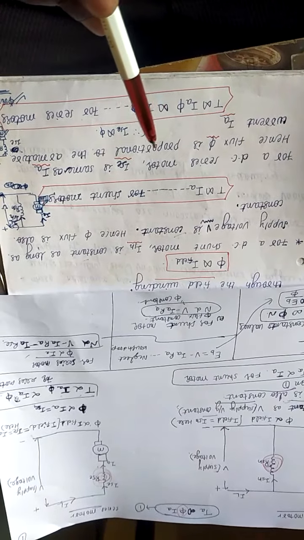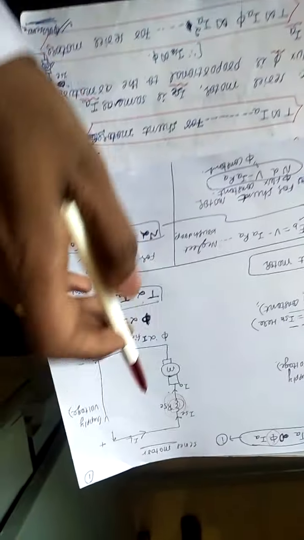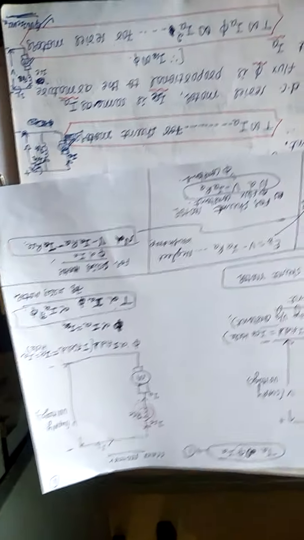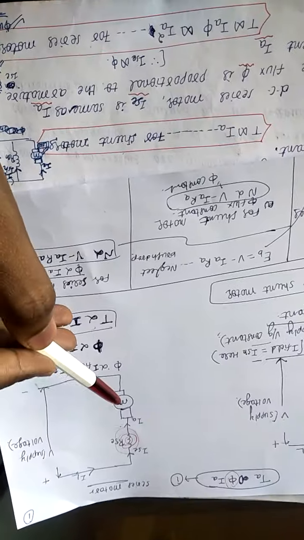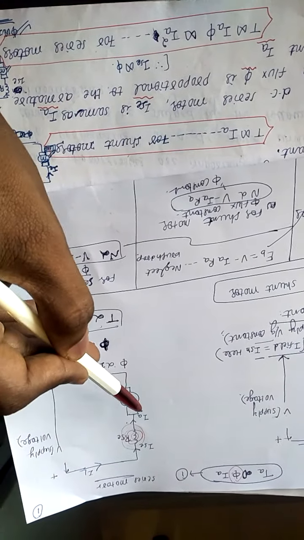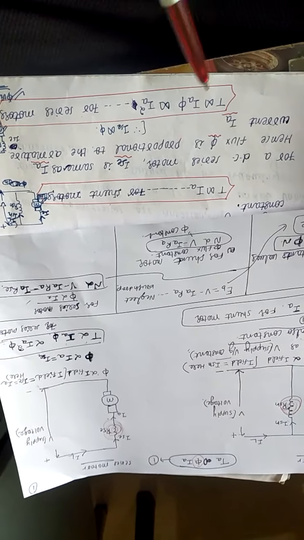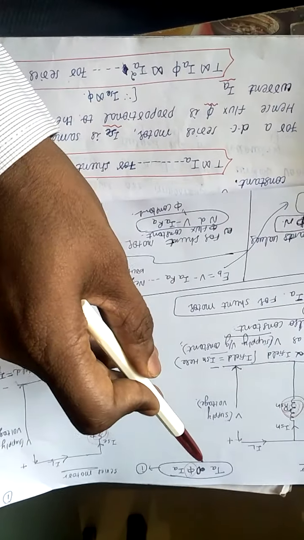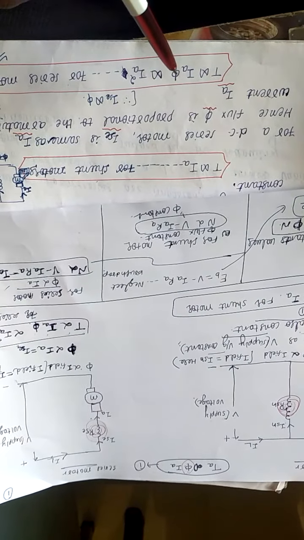That's what I have written here. In a DC series motor, Isc is the same as Ia. Hence, flux is proportional to armature current Ia. Therefore, the general equation TA is directly proportional to Ia into φ.